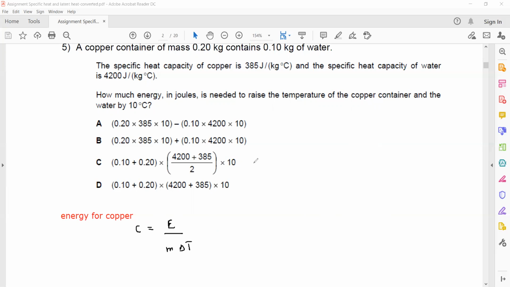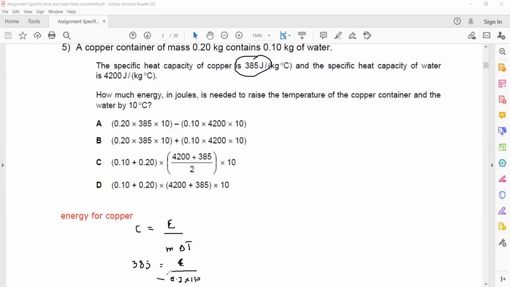Why again do I use this formula for specific heat capacity? Because that is given. If thermal capacity is given, then I will find the energy by using it. The specific heat capacity of copper is 385, so this will be 385 equals energy over the mass of the copper, 0.2, multiplied by the temperature change, 10.